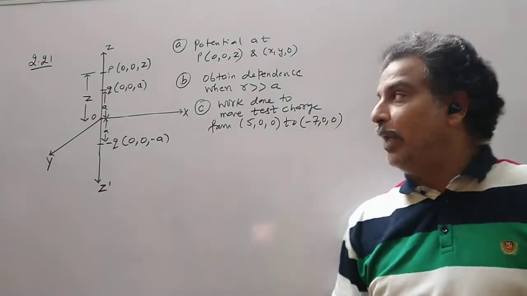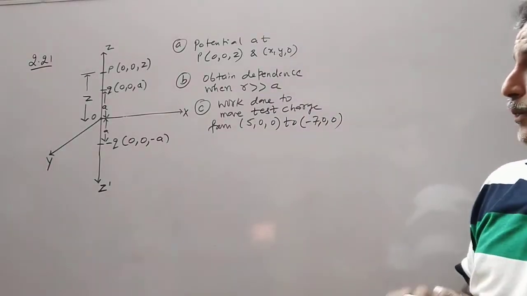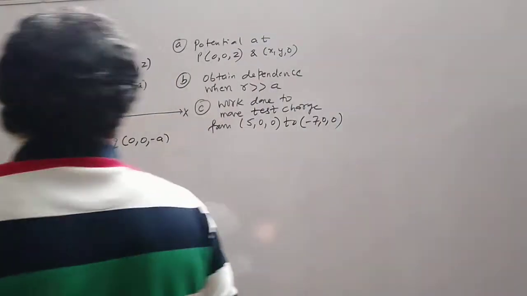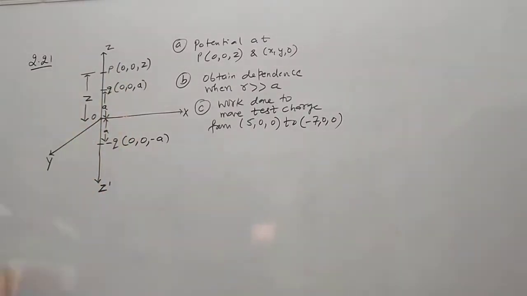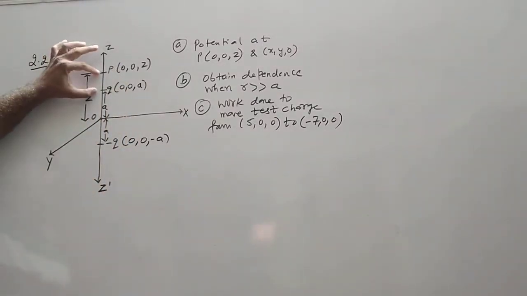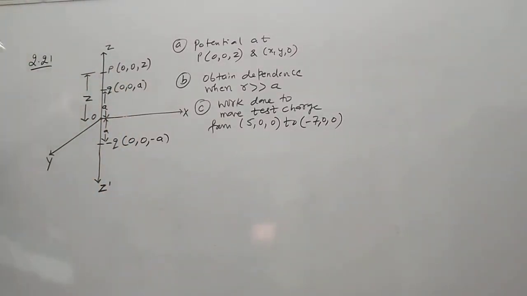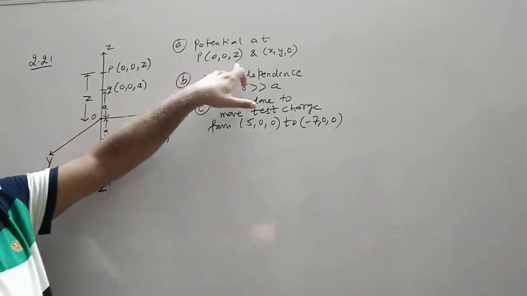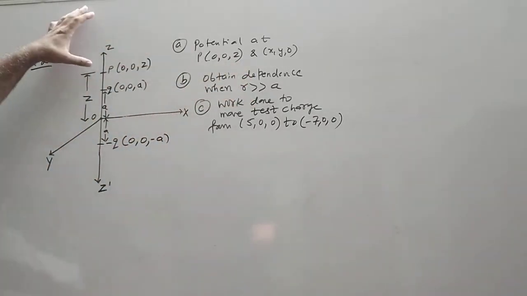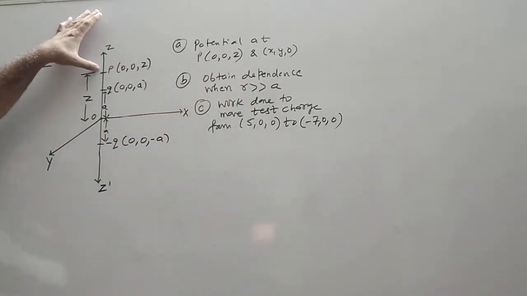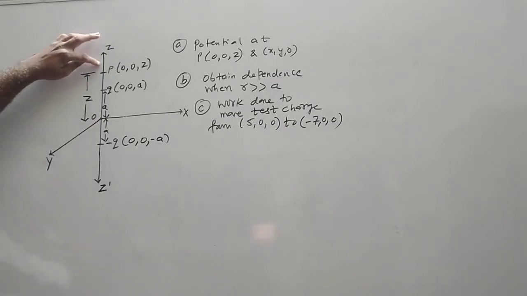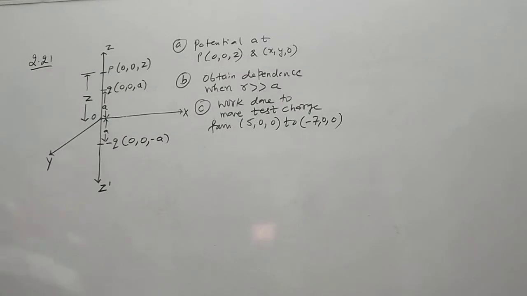Now we may consider the point P near to plus q, or you may also consider point P near the minus q. However, they have given 0, 0, z, so we are considering it along the positive z-axis. So let the distance of point P from the origin be small z.